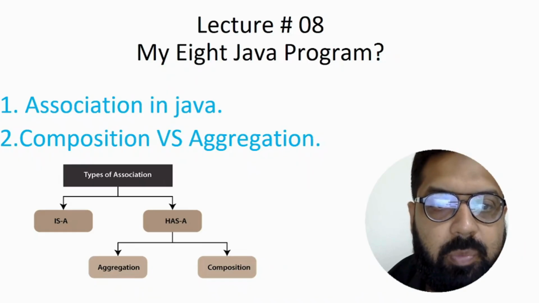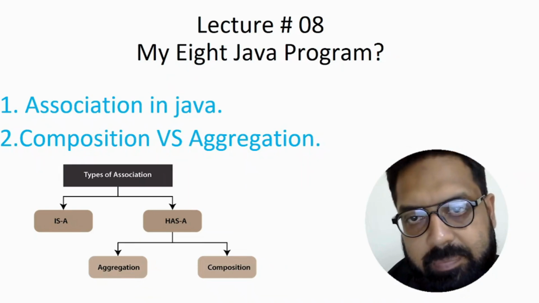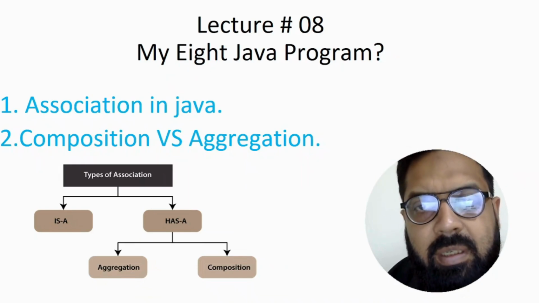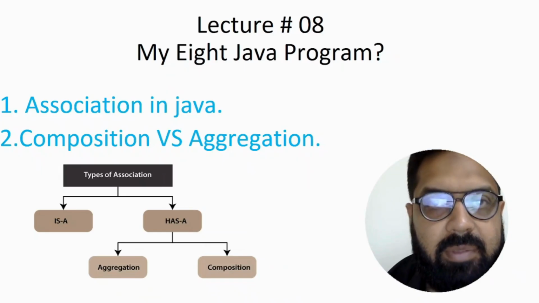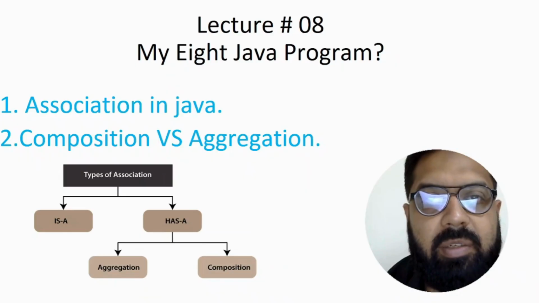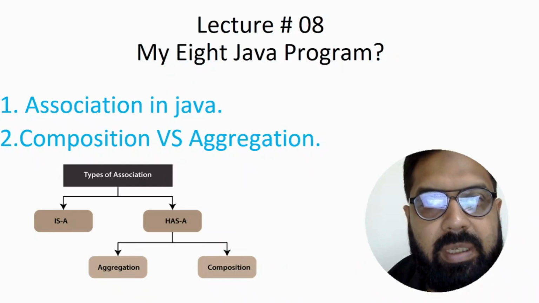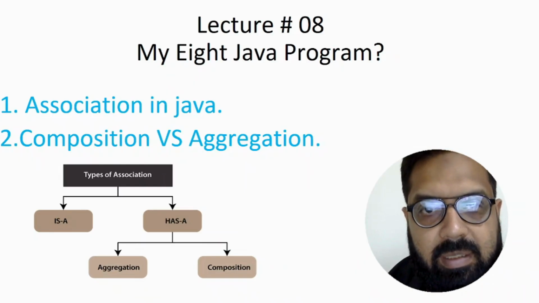Java basically supports two types of association. First is the is-a kind of relationship, that is the inheritance, and in lectures number 6 and 7 we have seen in detail how one class contains attributes or methods of another class.